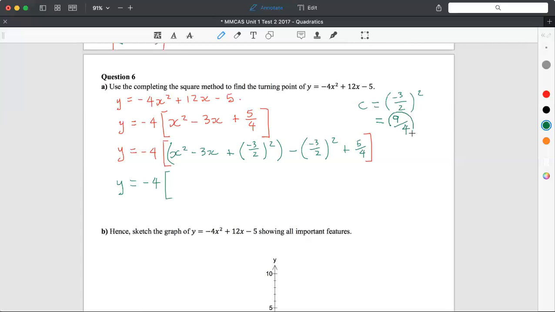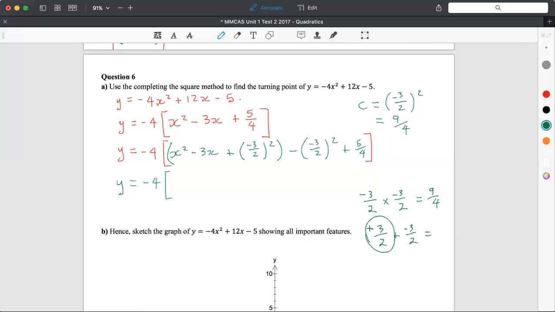Let's just think for a second. Negative 3 on 2 squared is 9 on 4. So something that multiplies to give 9 on 4, but adds to give negative 3. Well, let's have a look. What if, as I said, the answer's in the question: negative 3 on 2 times negative 3 on 2. Well, that multiplies to give 9 on 4. Let's see what they add to give. Negative 3 on 2 plus negative 3 on 2.